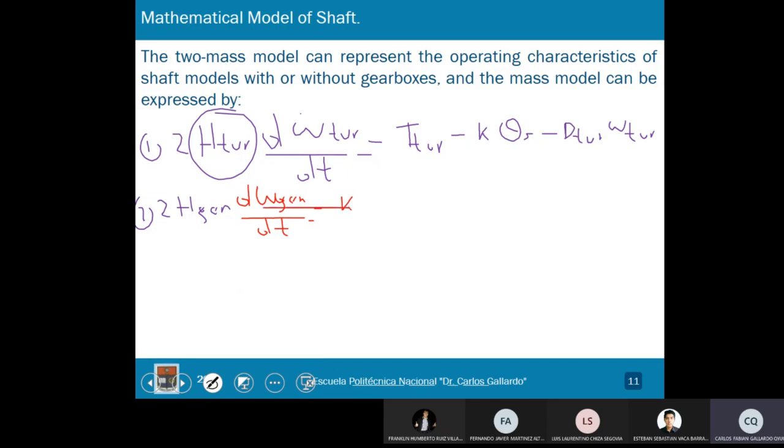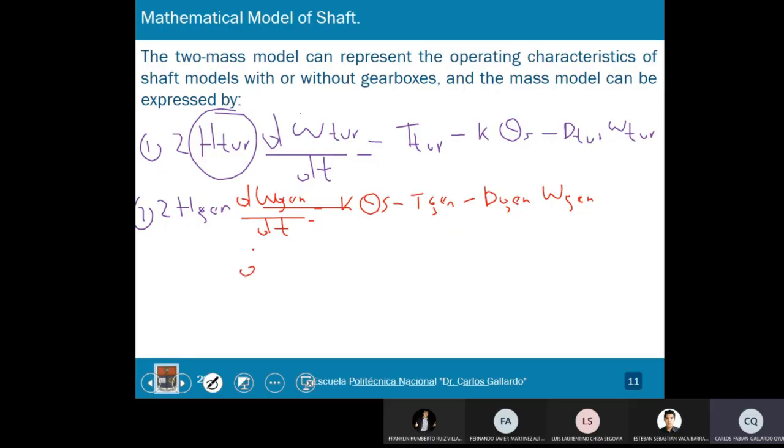This is equal to this factor K, the rigidity coefficient of the shaft, times the relative angular displacement between the 2 masses, minus the electromagnetic torque of the generator, minus the damping coefficient of the generator times the speed of the generator rotor.